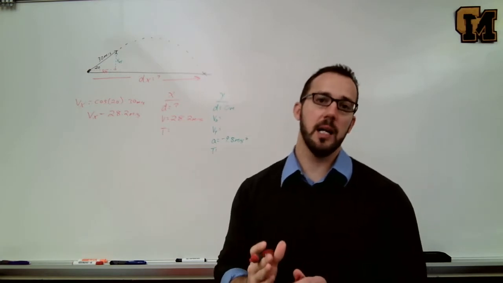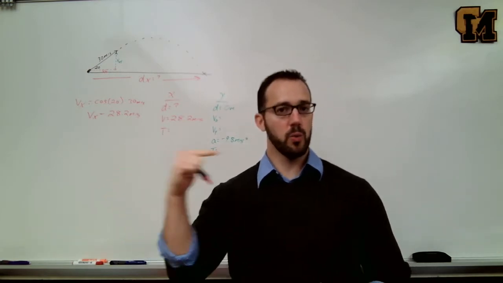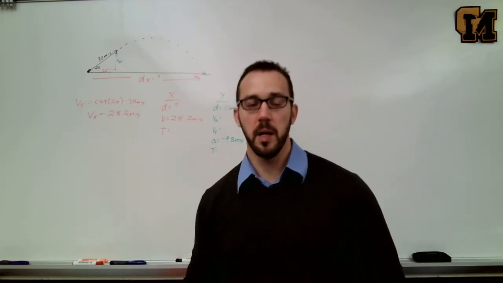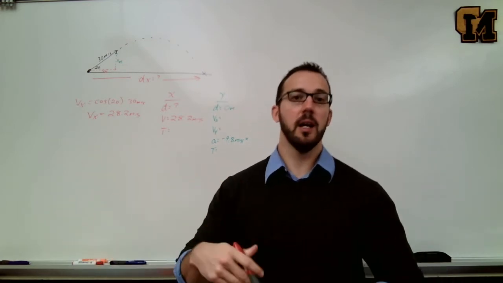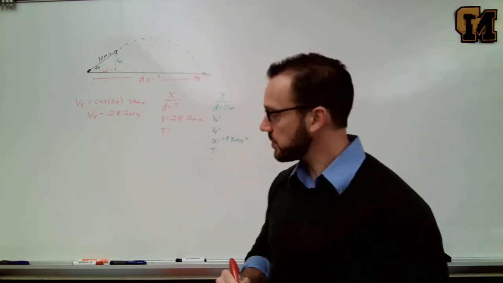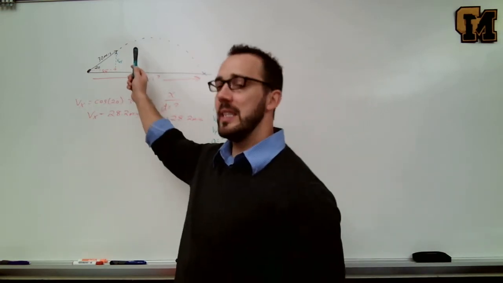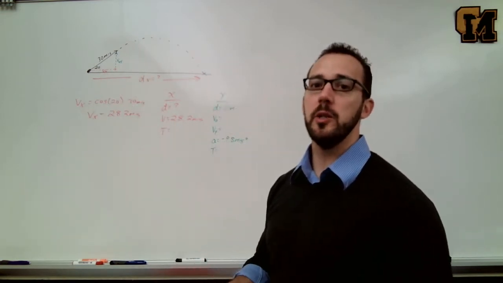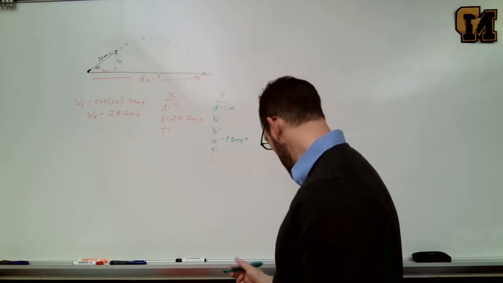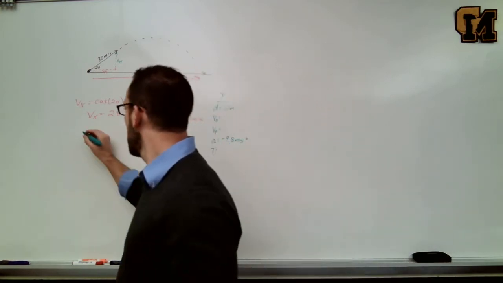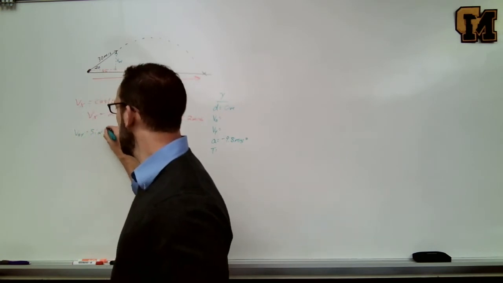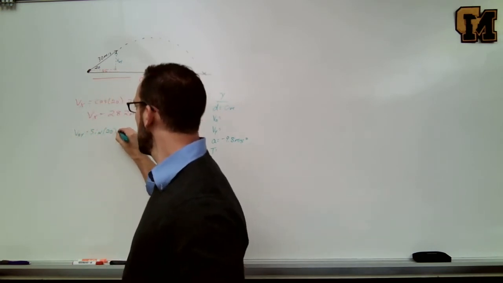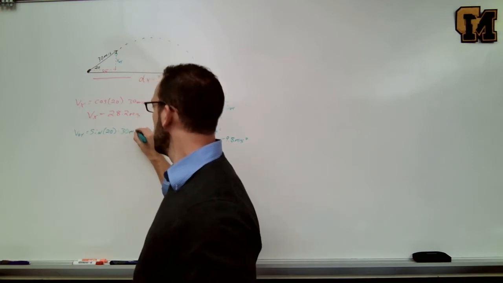So that's how much velocity the projectile has toward the right at the beginning of the problem. And because the velocity in the x direction never changes, that's the velocity it has toward the right until the projectile lands. In the y direction, we're going to do the exact same thing. We're just going to use sine instead of cosine. So the initial velocity in the y equals the sine of 20 degrees times 30 meters per second.